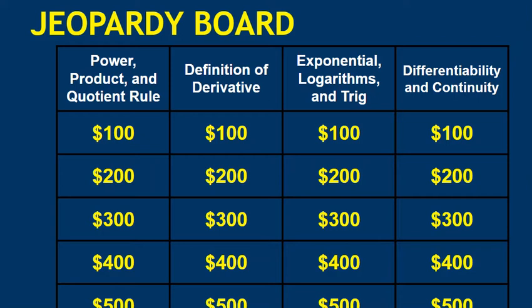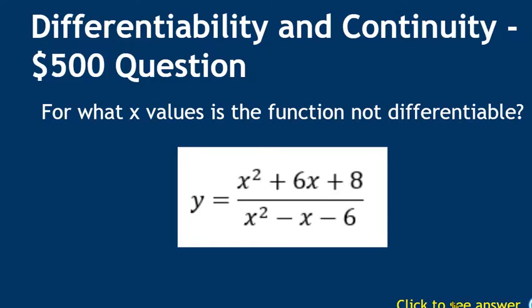Group, what do you pick? 500 for differentiability and continuity. So you're going to go deep fast, right? We've got 10 minutes. Go.